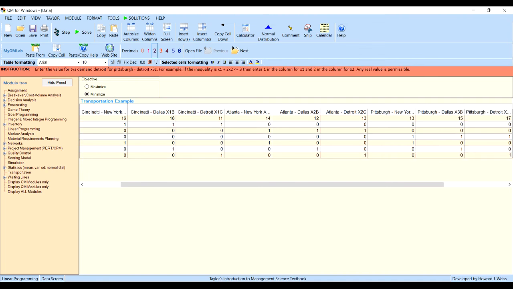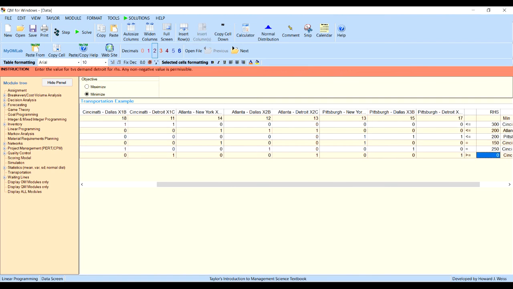If we name our columns like this, it's much easier to see what's happening. The total from Cincinnati to Detroit plus Atlanta to Detroit plus Pittsburgh to Detroit can only equal 200. That's all that they are asking for. Anything less, anything more is unacceptable.